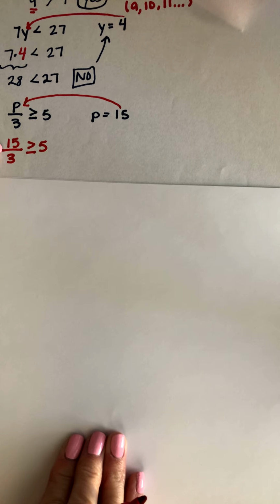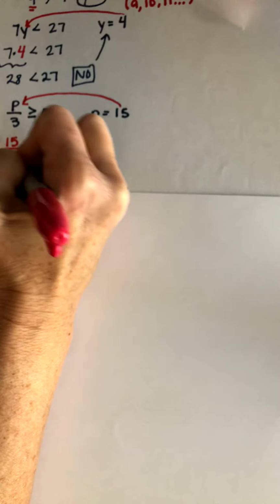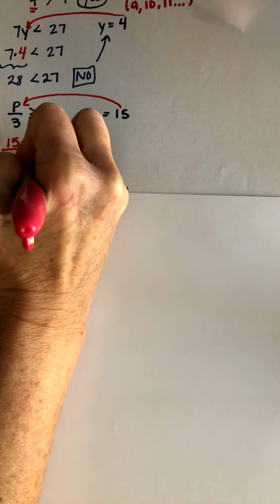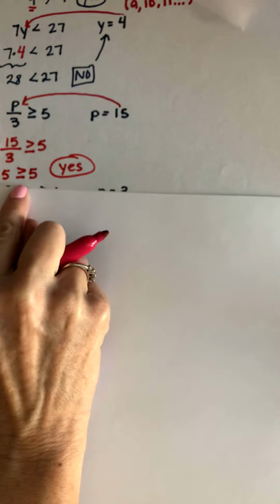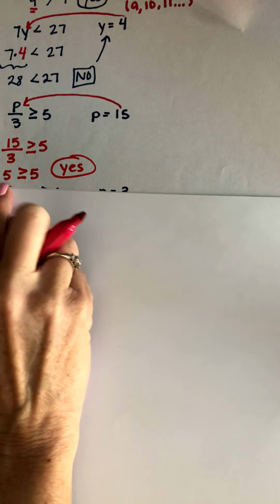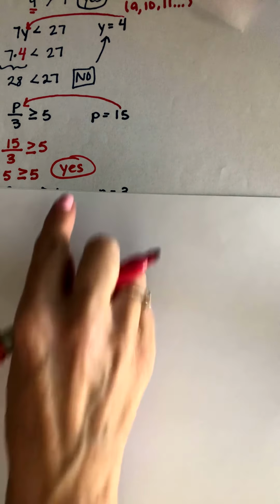So let's do the math. 15 divided by 3 is 5. Is 5 greater than or equal to 5? Yes, it is, because it says greater than or equal to. 5 is equal to 5. So p equals 15 is a solution. Your answer is yes.